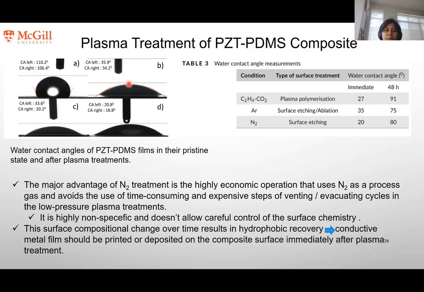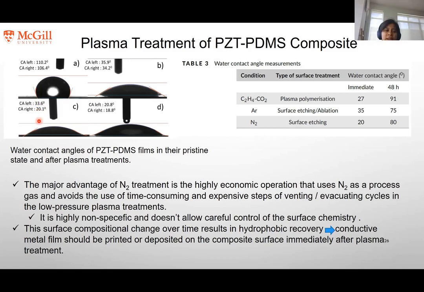For the treated ones, B is the one done with the plasma polymerization process, and you can see we lower the contact angle to about 35 degrees. Then C is the contact angle for the argon plasma process, and you can see the contact angle also gets lower.